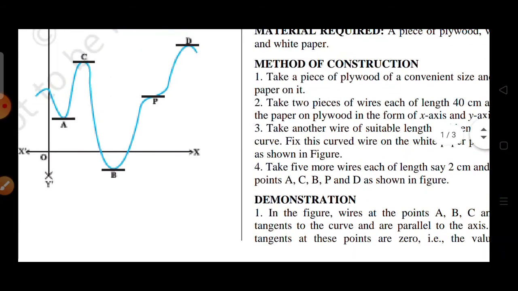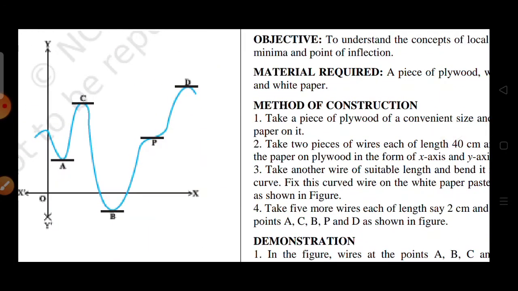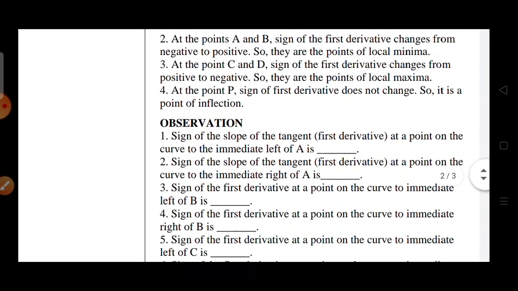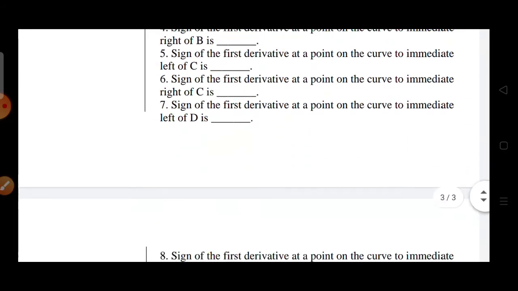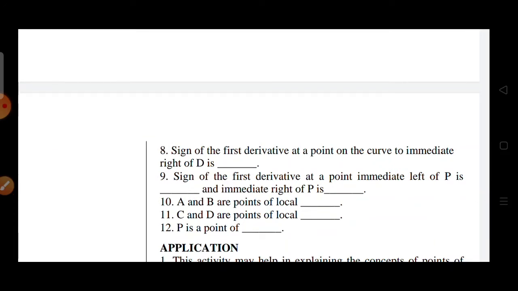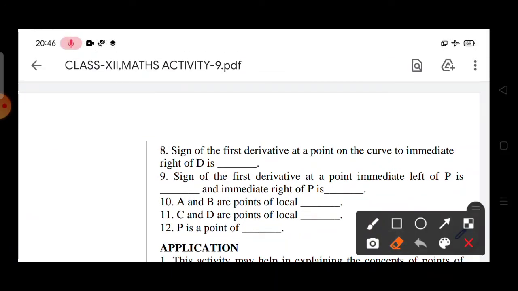That means immediate right of the point B. And immediate right of P, that means immediate left of D. So, as in the discussion before, we can write that immediate left of P, the sign is positive, and immediate right of P, that is also positive. So, there is no change of sign.